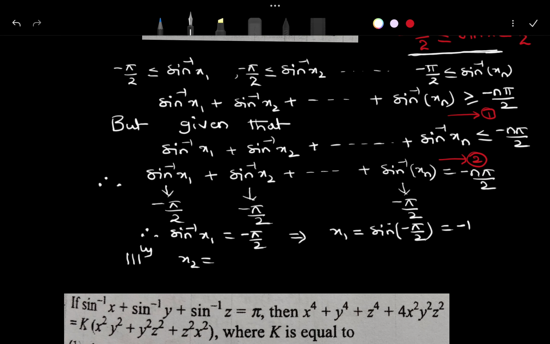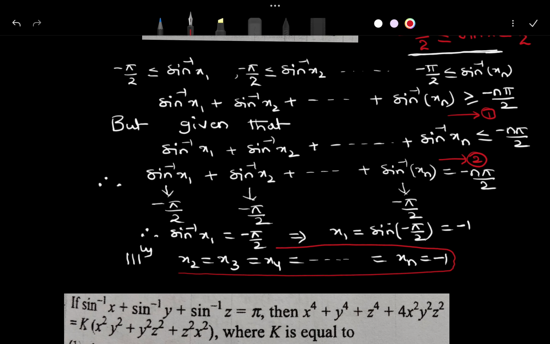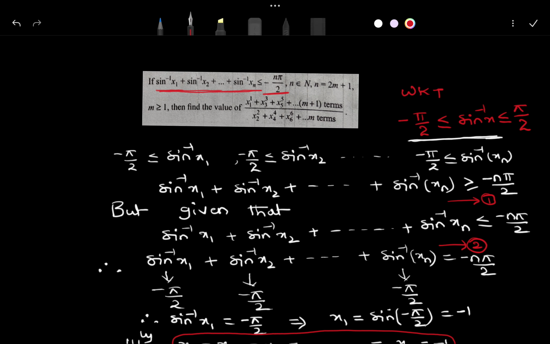So x2, x3, x4, and so on, xn are all equal to minus 1. Right? Now you substitute all these values x1, x2 and so on, xn, in the given result.